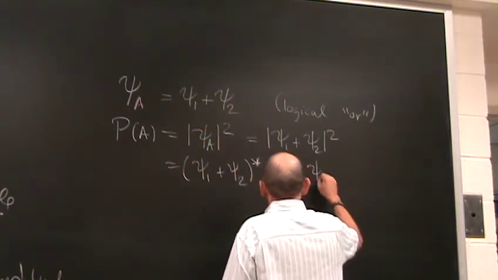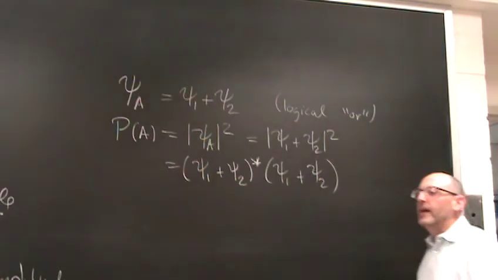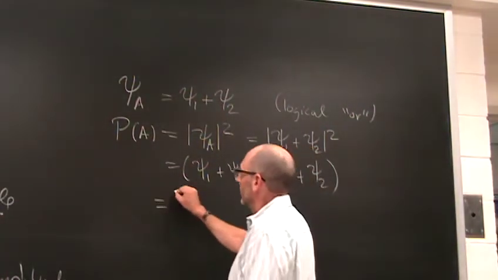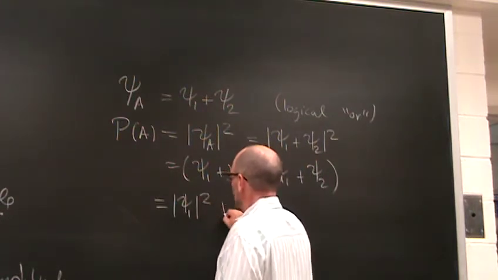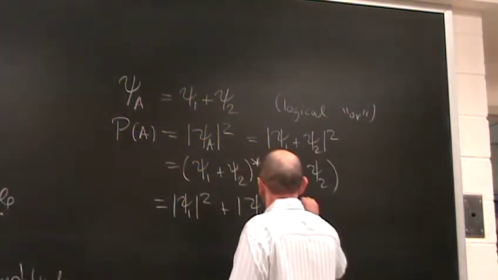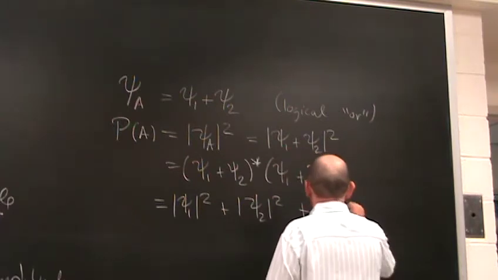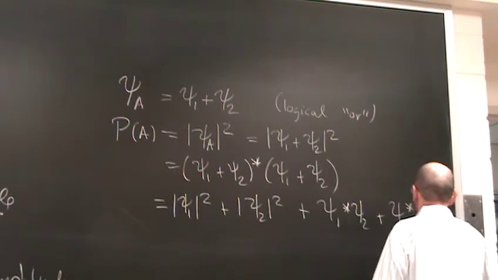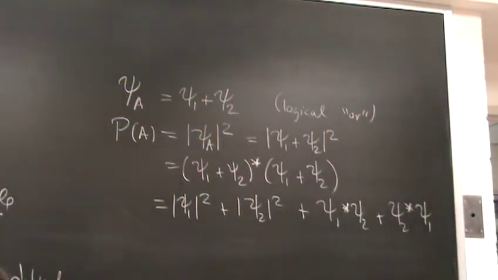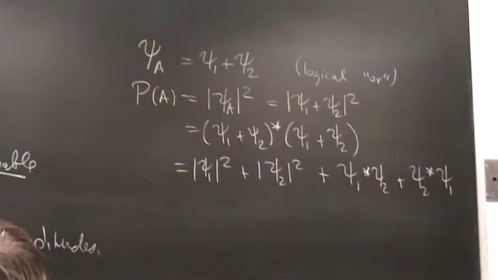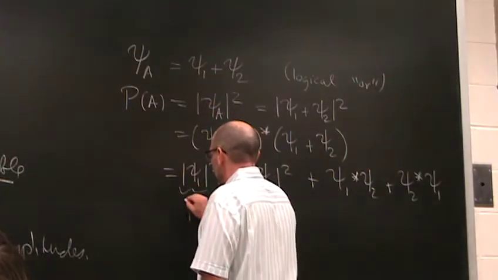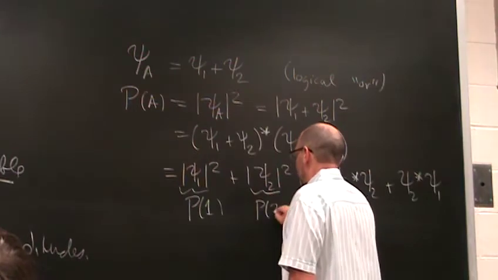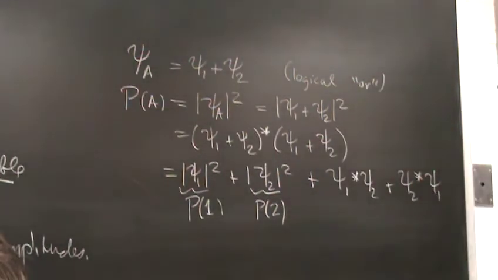That's how you get the magnitude squared of a complex number, which is equal to psi 1 squared plus psi 2 squared plus psi 1 star times psi 2 plus psi 2 star times psi 1. This, of course, is the probability for process 1, and this is the probability for process 2.